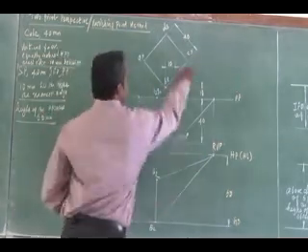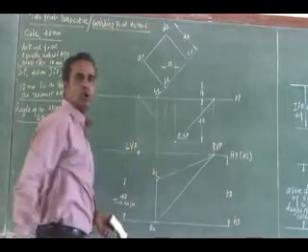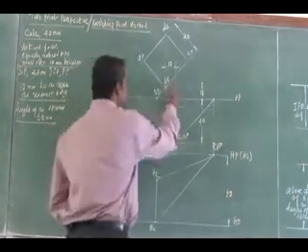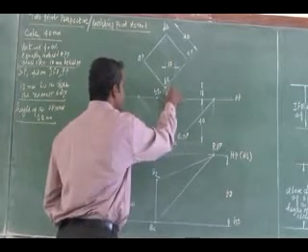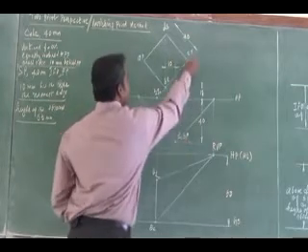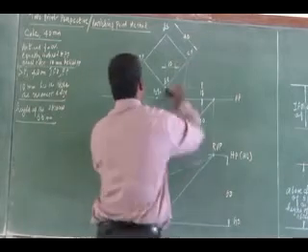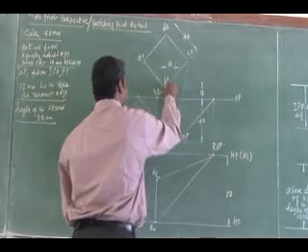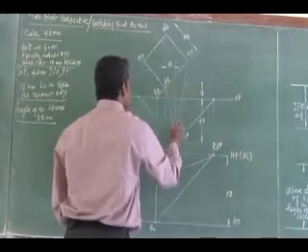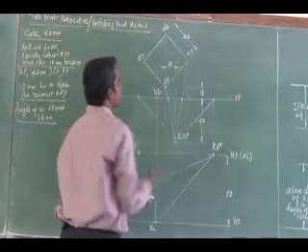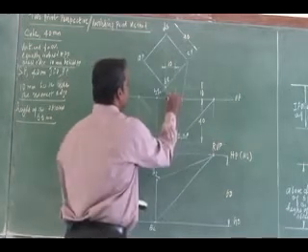Now to get the perspective location of this BQ and CR, get the intercept as usual, similar to the visual ray line. The intercept is obtained by joining this with this station point. Intercept of this is obtained by joining this with this station point. So these are all my intercepts of BQ and CR. This is BQ intercept.